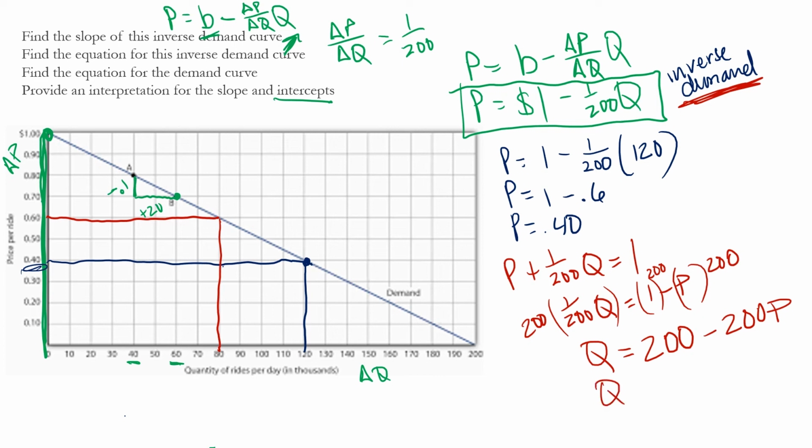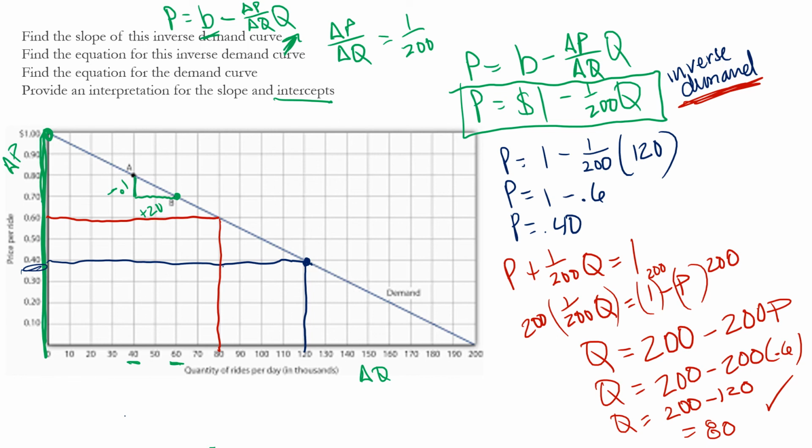So I've got Q is equal to 200 minus 200 times 0.6. Okay, let's try that. 200 times 0.6 is equal to 120. So Q is equal to 200 minus 120, which is equal to 80. And that's what I was supposed to get. So I had a minute where something didn't look right, but I didn't make any math errors, and I found that by checking my work.